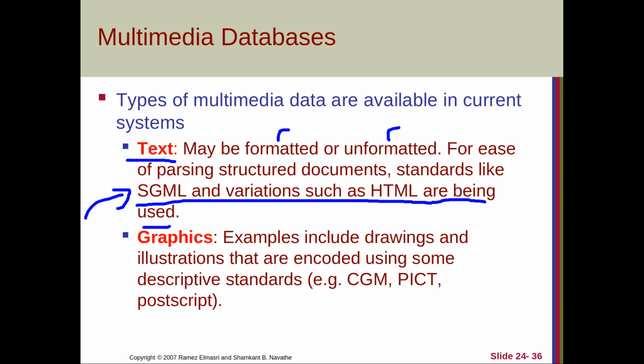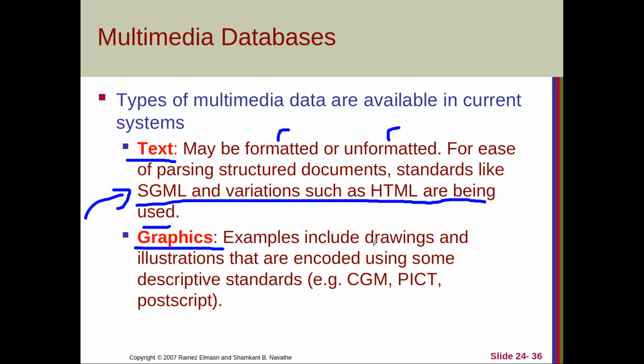The formation, representation and management of huge amounts of text data comes under the category of storing multimedia data. So the basic data followed in multimedia databases is text data. The second one is graphics data.